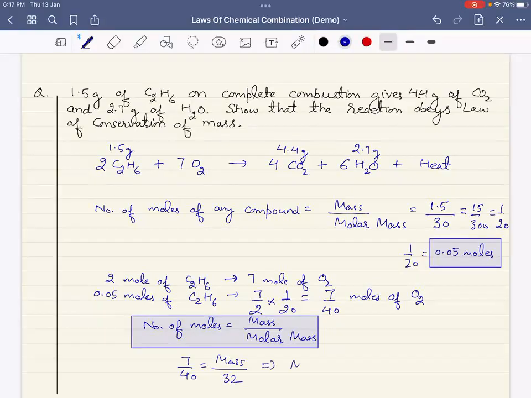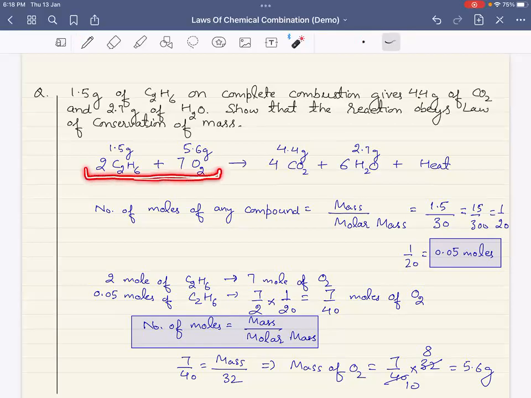So this implies that the mass of oxygen, that is O2, is equal to 7 by 40 into 32. So 4 into 8 is 32, which leaves 7 into 0.8. So this is equal to 5.6 gram. So mass of oxygen is 5.6 gram, right? So from here, we can find out the sum of the mass of the reactants.